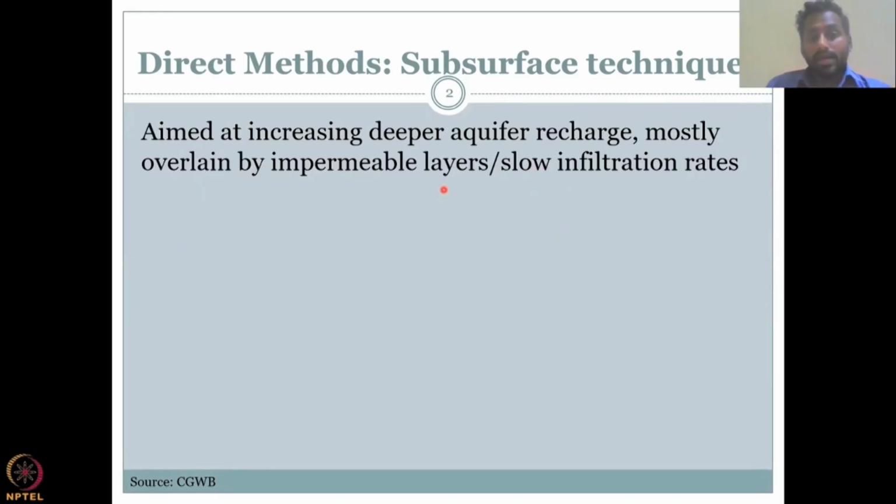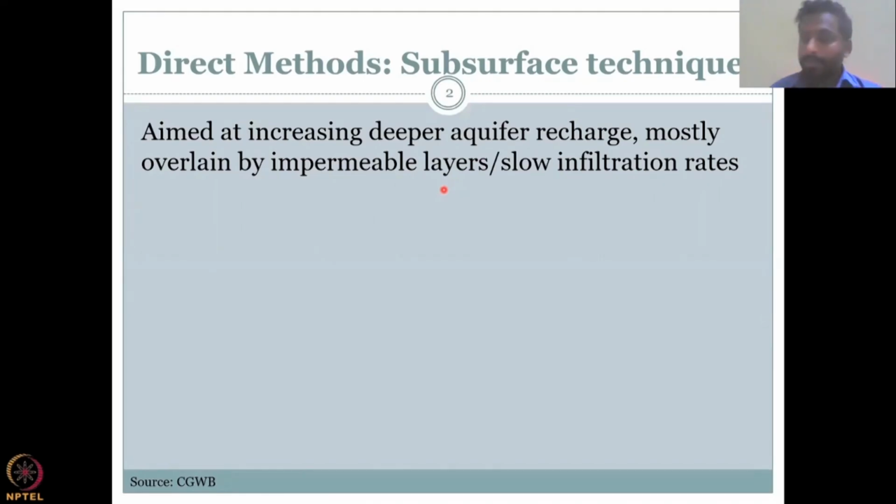The aim is at increasing deeper aquifer recharge, mostly overlain by impermeable layers, slow infiltration rates. So this is a difference in aim or objective between the two methods, or I would say sub-methods. In the previous one, the aim was to capture the surface runoff and put it into the groundwater.